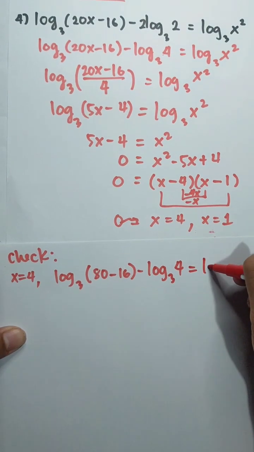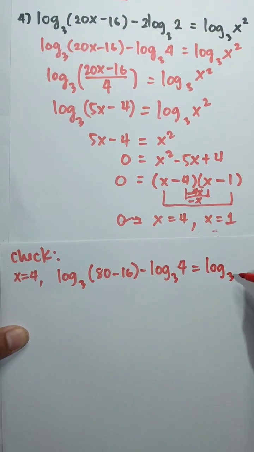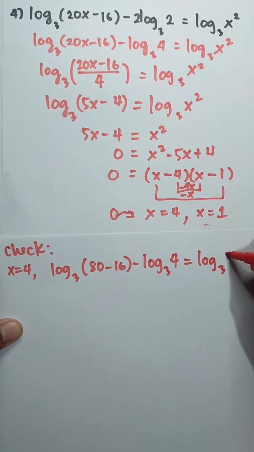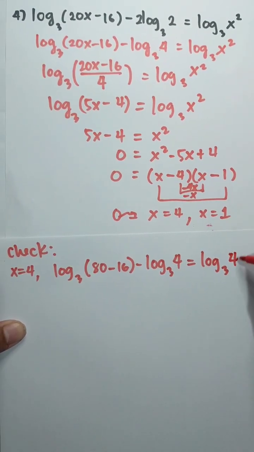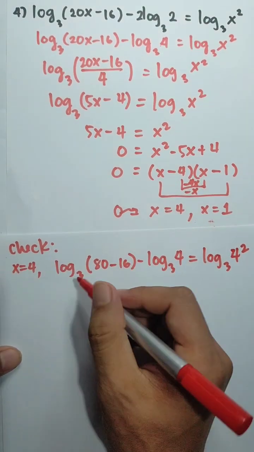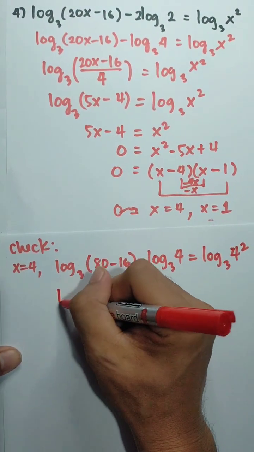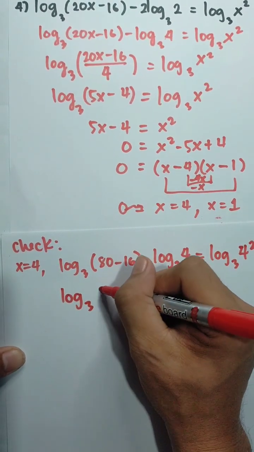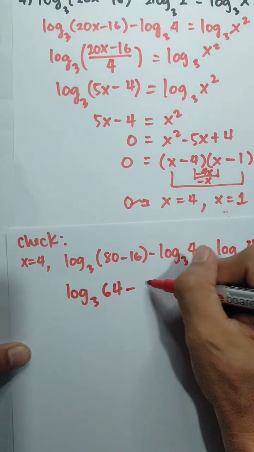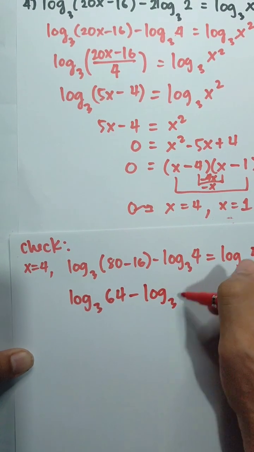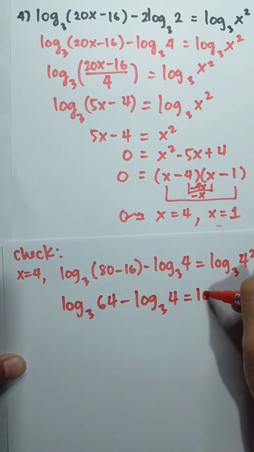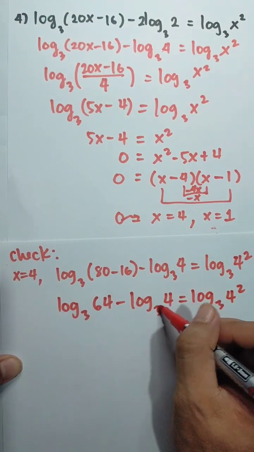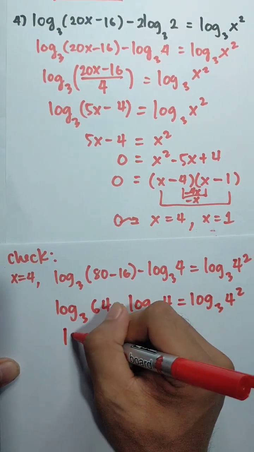And then the right hand side is log base 3, when x is 4, 4 squared, it's going to be 16, or just write it 4 squared. Now, here, let's continue. 80 minus 16, that's 64. Minus log base 3 of 4. It's going to be the same here, 4 squared. Now, we can use the quotient rule.